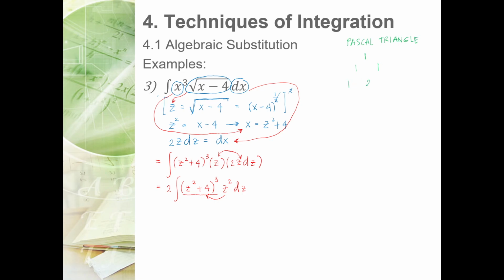So 1, 2, 1, and 1, 3, 3, 1. So again, Pascal's triangle is for a plus b raised to the power of n.